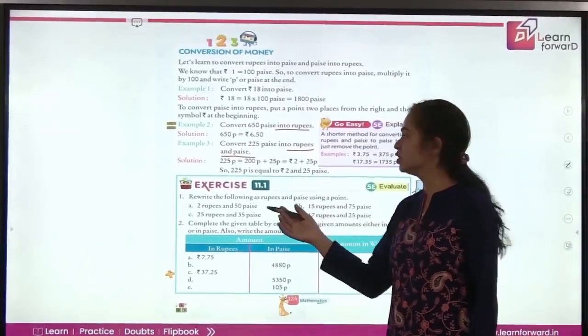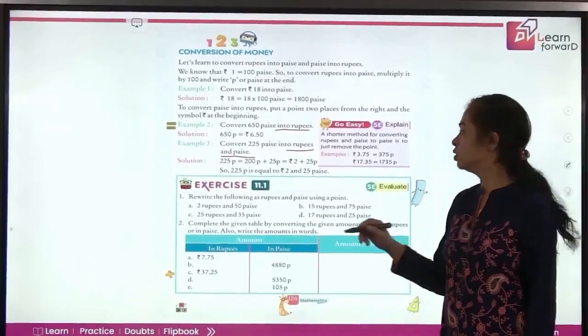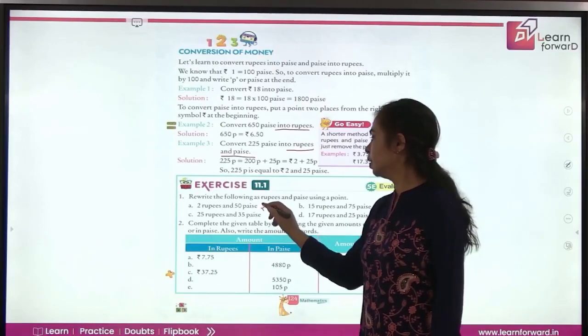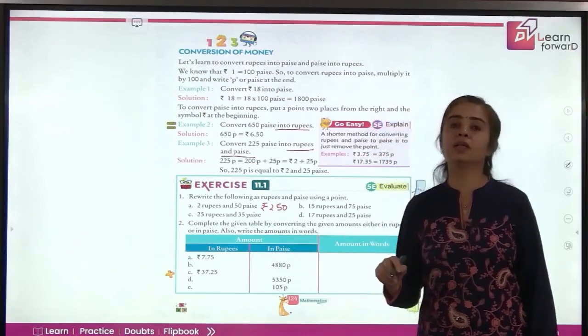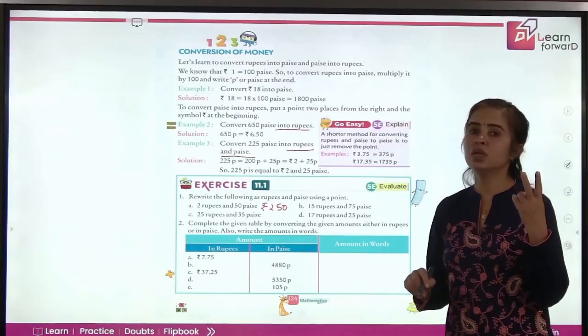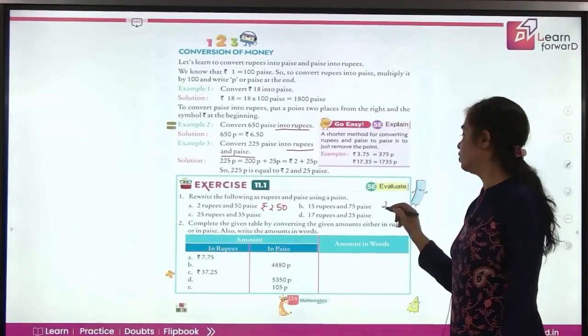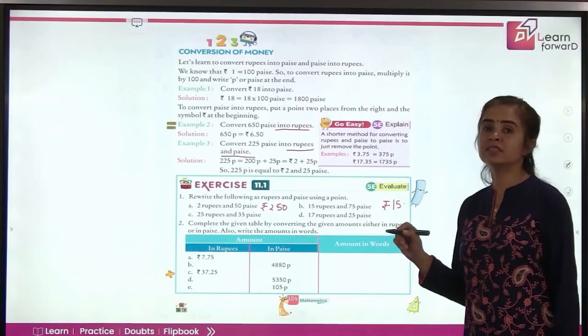Here's an exercise for you. Rewrite the following as rupees and paisa using point. So 2 rupees 50 paisa is rupees 2.50. And remember, the place of paisa is always 2. So if you have 15 rupees 5 paisa, you will write rupees 15 point. Now 5 you will not write as just 5.